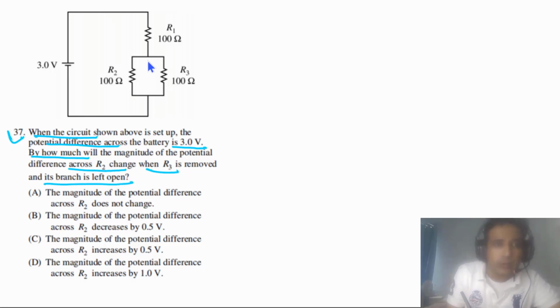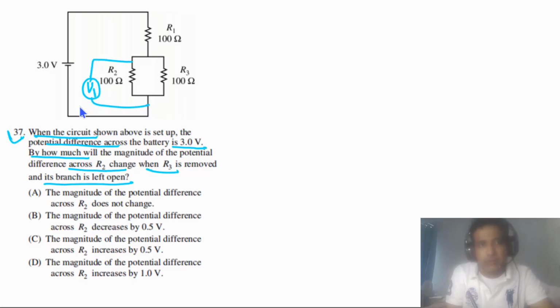So first of all, we will try to find out the value of potential difference across R2 when R3 is connected. So we can simply say this one is V1. And then we will try to find out, when this branch is disconnected, the value of V1 prime.